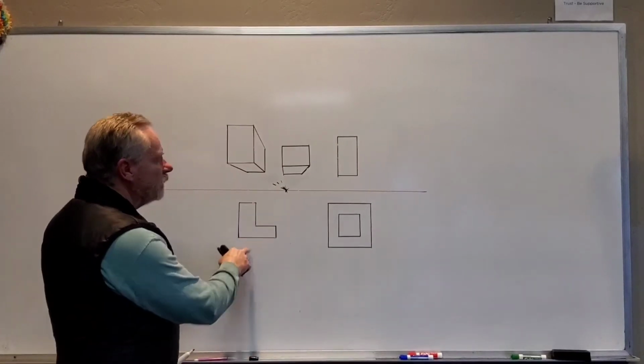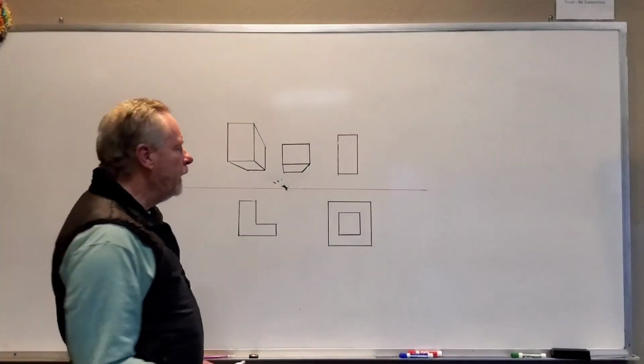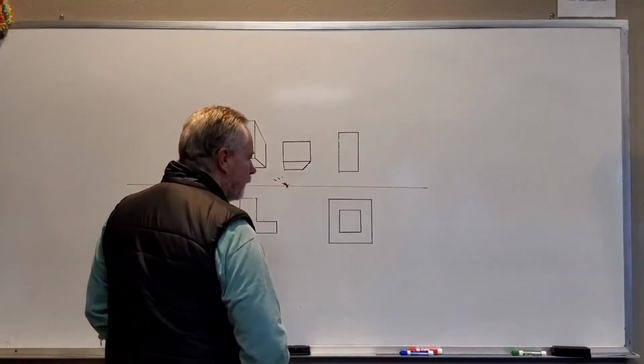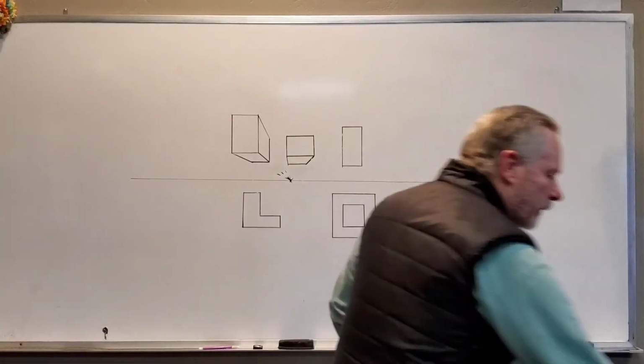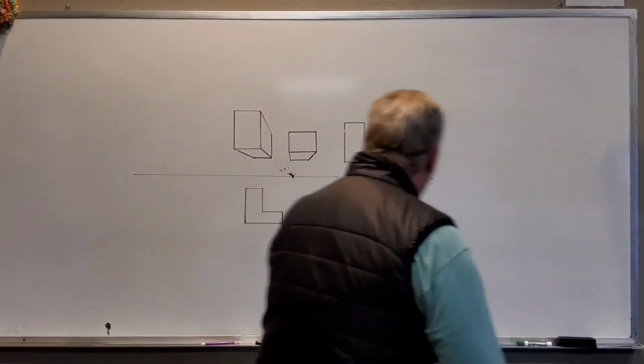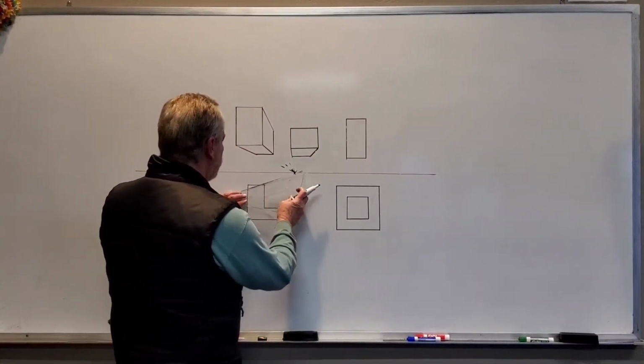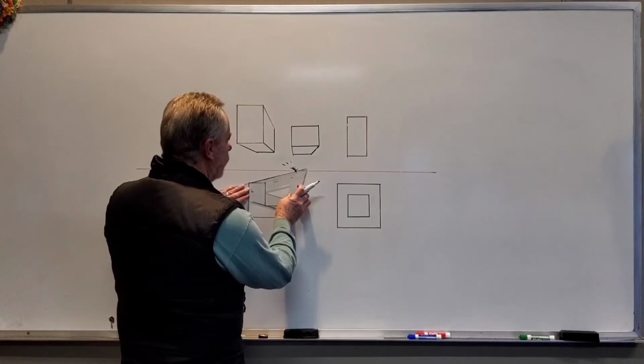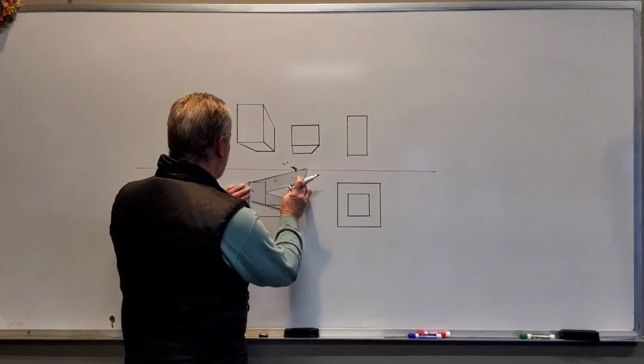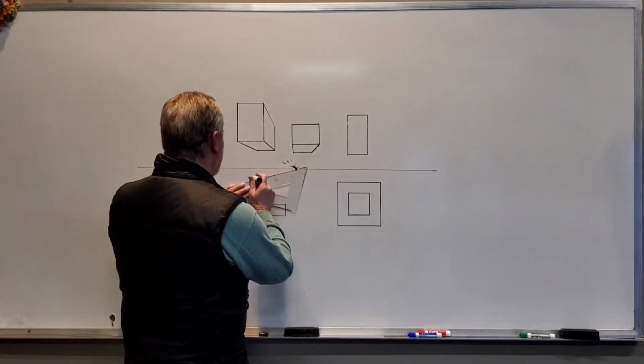Now this object is a little different. It's an L shape, but the principles are exactly the same. I go to each corner and draw a line to the vanishing point.